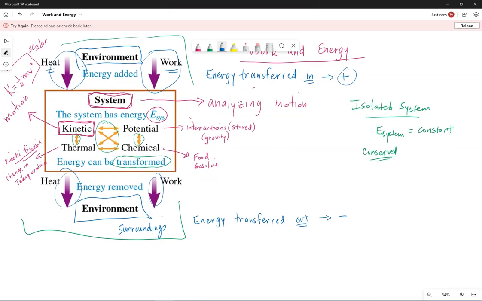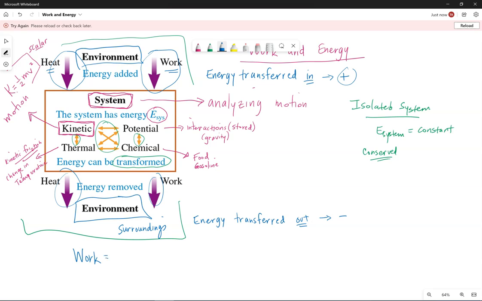Heat is something we're going to talk about when we get to chapter 19. Heat and work are both ways of transferring energy either into or out of a system. Work is the one we're specifically going to talk about now.